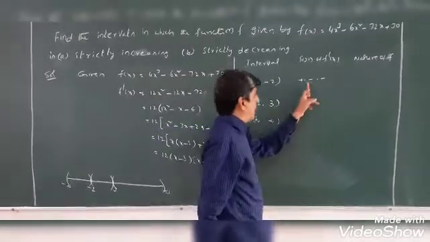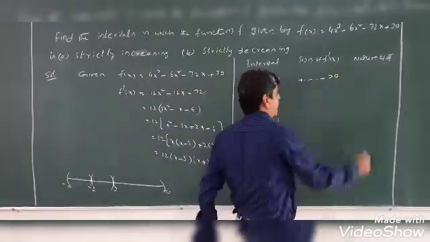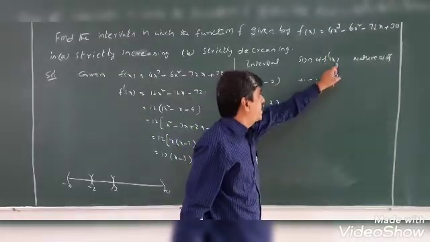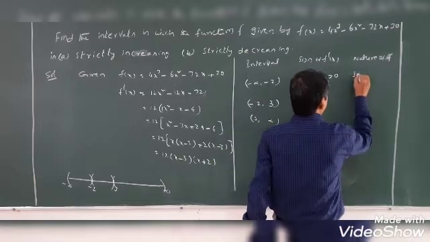So minus into minus plus, plus into plus means greater than 0. So the sign of f dash x is greater than 0 means function is increasing.